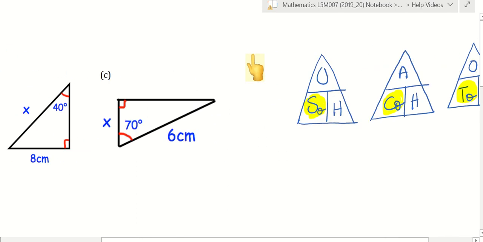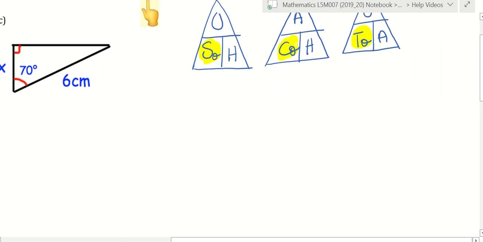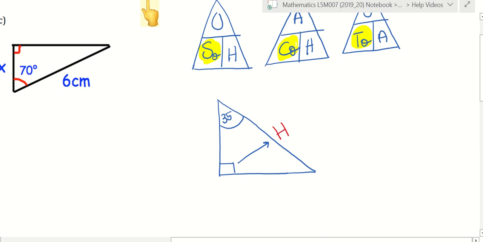And the second thing you need to be able to do is label a right-angled triangle correctly. So if you have an angle there, the side opposite the right angle is the hypotenuse, is H. So it's always the side opposite the right angle that is H. The side opposite the angle is the opposite, because it's opposite the other angle that's given, not the right angle, but the other angle.